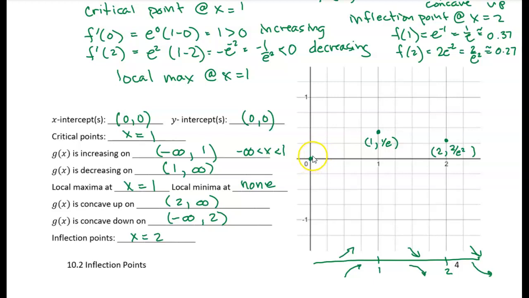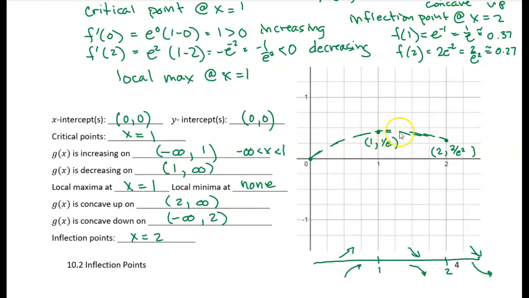So now we know it has to be concave down all the way from 0 to 2. So it's going to have this downward curvature all the way. See if I can make this look reasonable. It's concave down all the way to 2, but it changes from increasing to decreasing at 1.